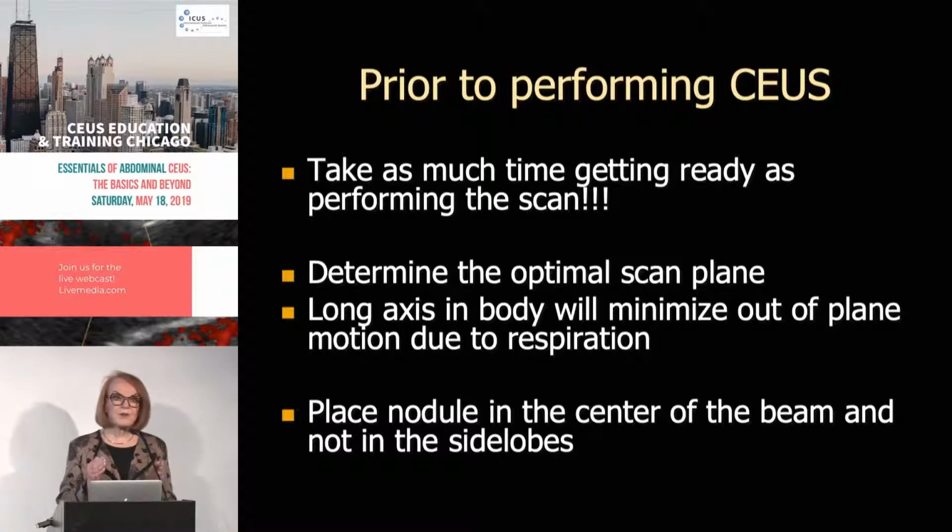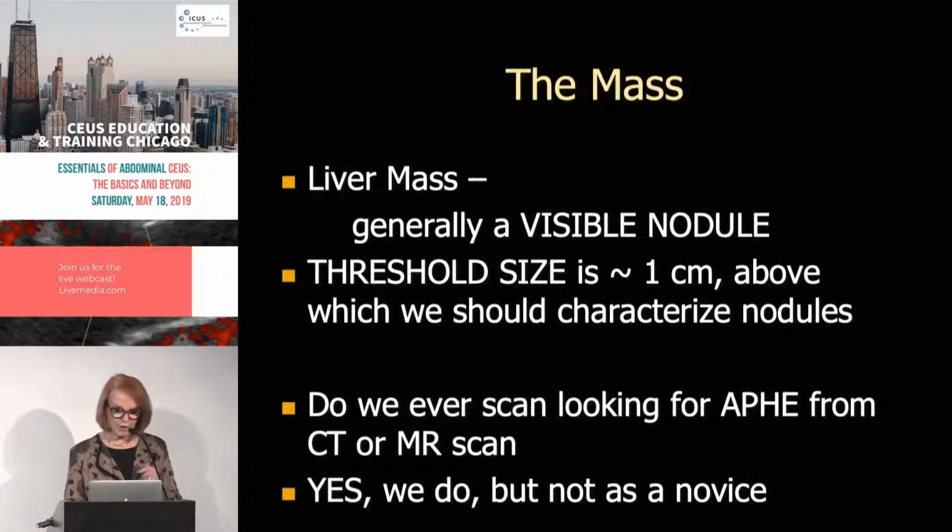I can't tell you even to this day how often my technologists will work, but finally they like the picture where the mass is way over onto the side lobes of the image. And it's not as good over there. It's always better if you can make the mass be in the center and the beam coming right perpendicular at it. We get those pictures all the time and we use them, but they're hard.